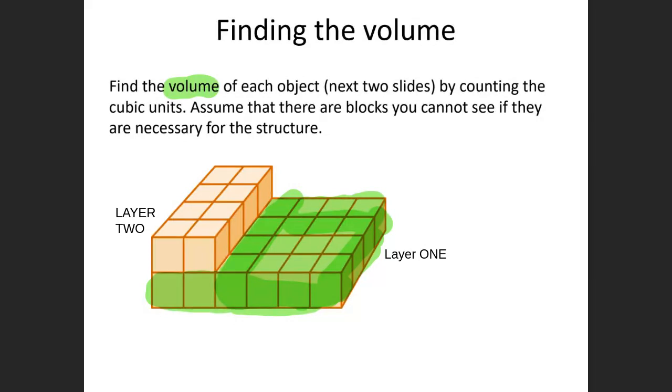Now, the key here is volume. Okay, layer 1, it has, and we're going to count these things, we have 1, 2, 3, 4, 5, 6, 7, 8, 9, 10, 11, 12, 13, 14, 15, 16. Okay.